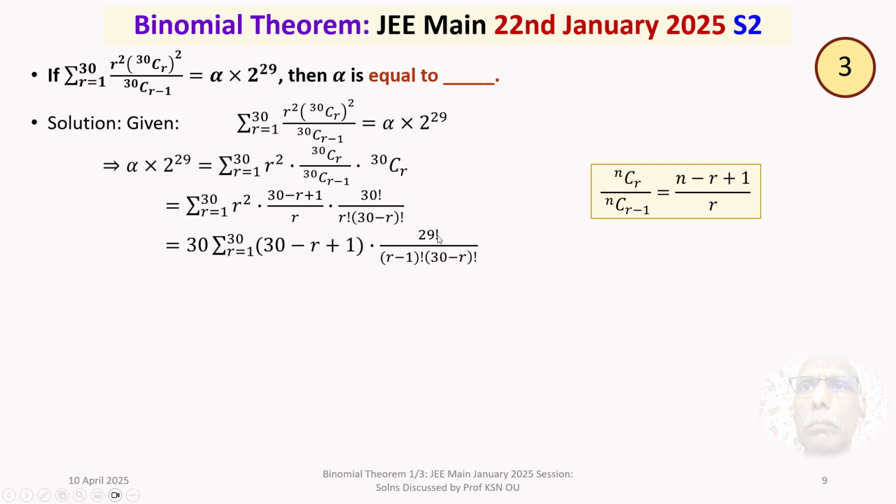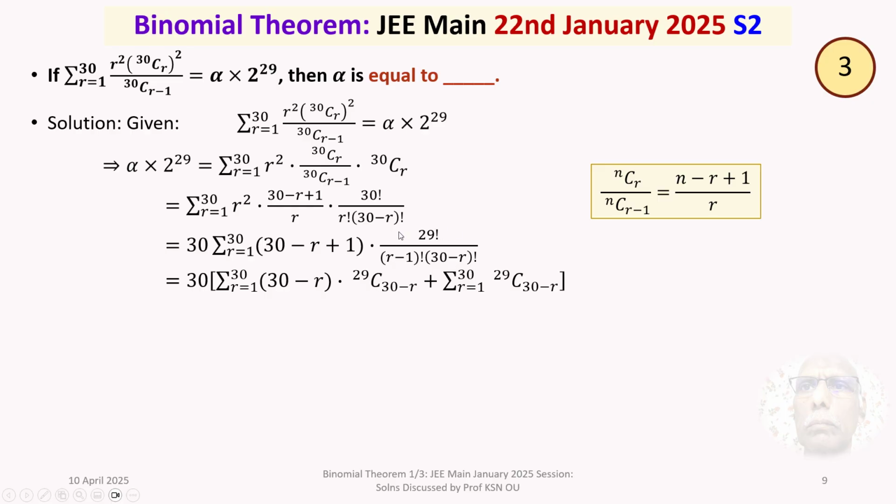Out of this 30 factorial, we have written a 30 here and kept 29 factorial here. And 30 minus r is telling you something, therefore we will separate them. 30 into sigma r equals 1 to 30, (30 minus r) into 29C(30 minus r).